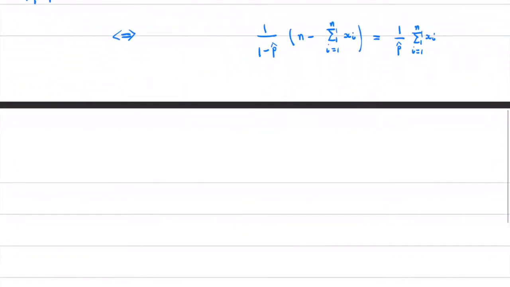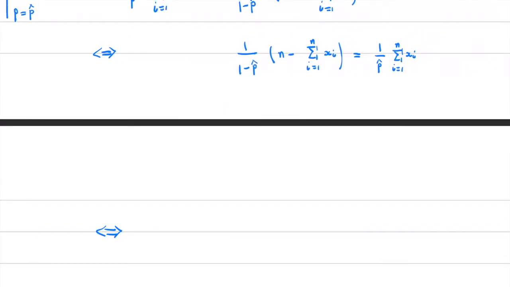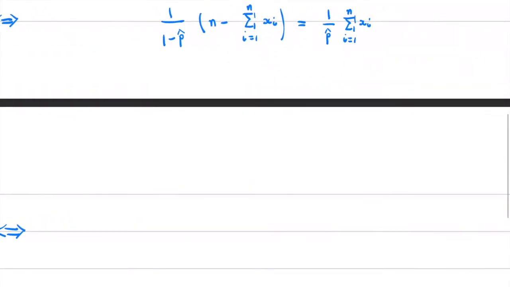Okay, so this will involve a little bit of algebra here, I suspect. So the next thing I'm going to do to solve for p is take this 1 minus p and multiply it by this side, and I'm going to take this sum of x and divide it onto that side.